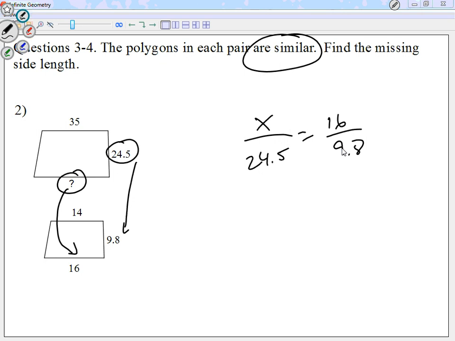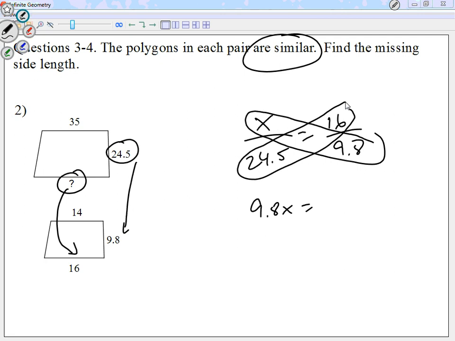So now I'm just going to cross multiply. 9.8 times x gives me 9.8x. 16 times 24.5 gives me 392.